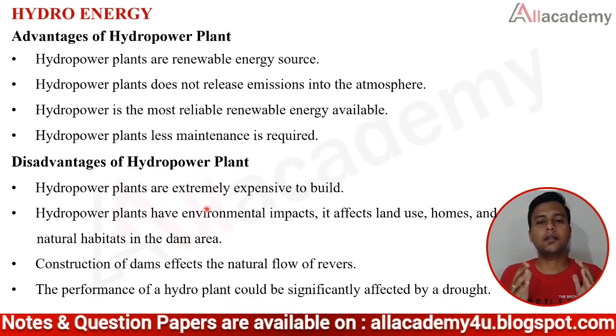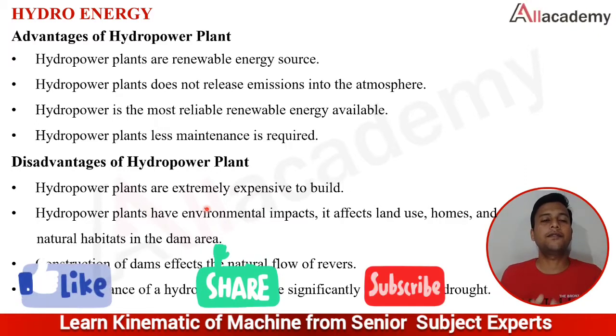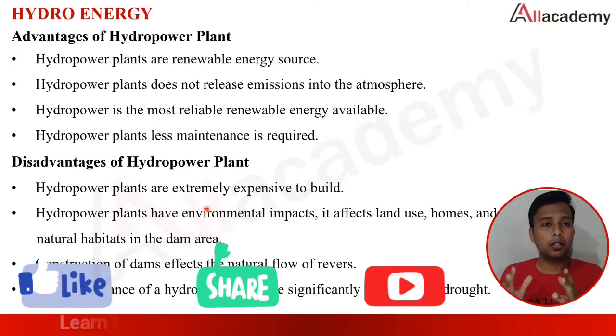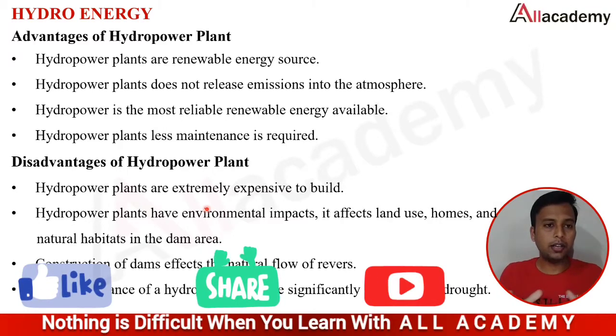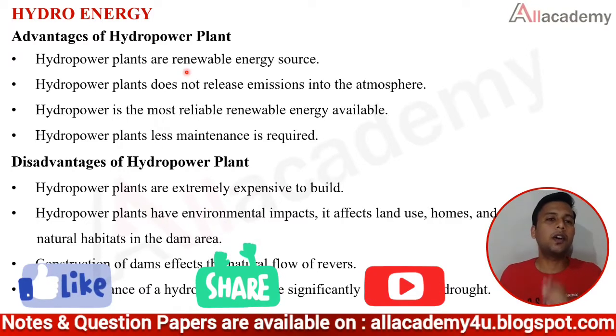We require a huge quantity of money because the dam has to be created, we need to locate the site, take safety precautions, and shift the surrounding villages and localities in that area. So it is very expensive to build one hydroelectric plant.